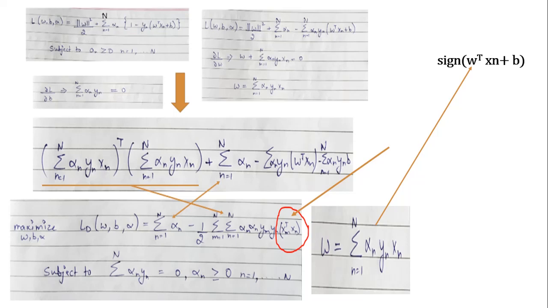If I substitute the w value over here, then we will be computing the inner product of all the training data points and x. Now we can fit any kernel over here and use it for nonlinear data as well. So this is all about the formulation of the objective function and solving it with the help of quadratic optimization of primal and dual Lagrangian.